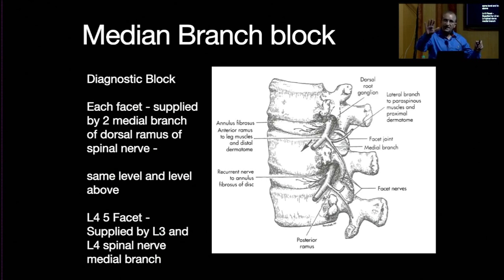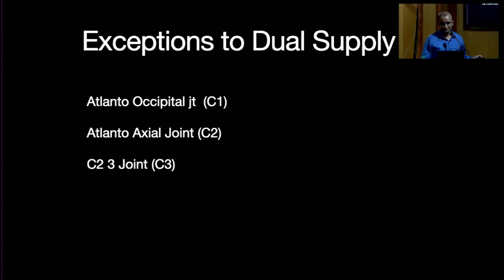But to simplify, for L4-5 facet joint, you use L4 pedicle area and L5 pedicle area to block. Okay, so that will give you a good medial branch block. To remember, these are the exceptions to the dual supply: atlanto-occipital joint, atlanto-axial joint, and C2-3 joint. They just have singular supply.